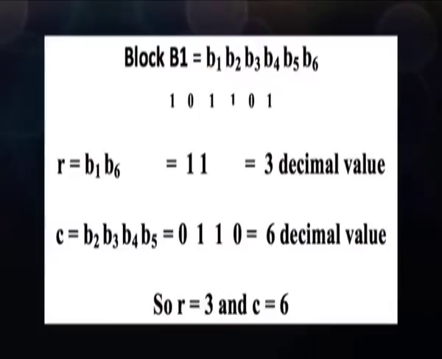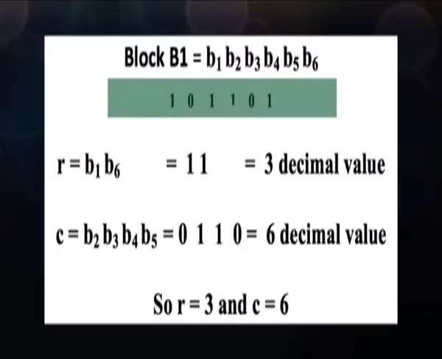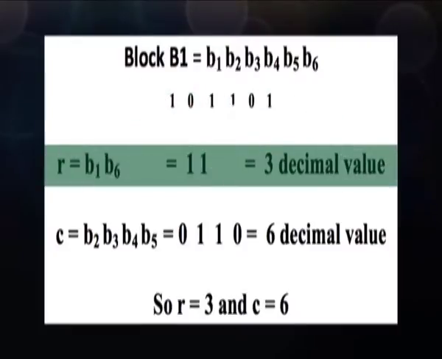Suppose that block B1 is a group of 6 bits b1, b2, b3, b4, b5, b6 as 1, 0, 1, 1, 0, 1. Bits b1 and b6 taken together form a 2-bit binary number, 1, 1, having a decimal value from 0 to 3.